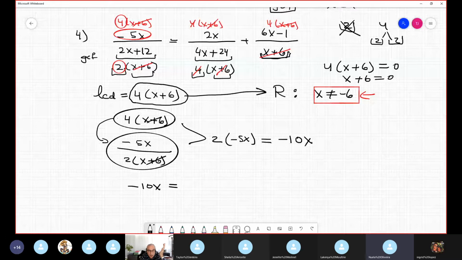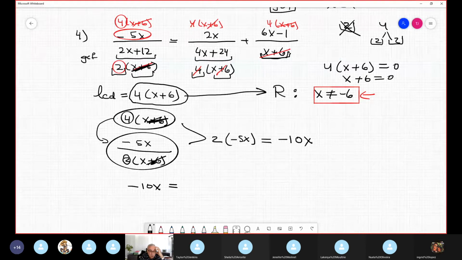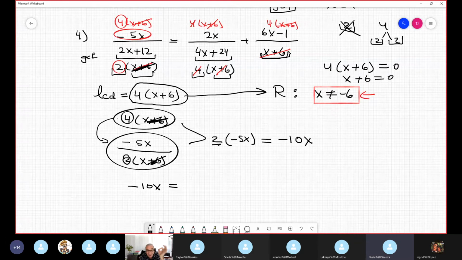When you eliminate it, Professor, you just eliminated the x plus 6. This is cancelled. This is cancelled. Yes, what about the 4? This 4, I divide this 4 by this 2 and it gives me 2. Okay. The only thing I forgot was this stupid -5x.